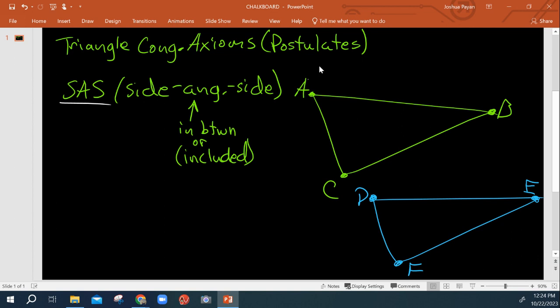Okay, so if this is true, then the two triangles are going to be congruent. So let's see what I mean by this. Let's say this longest side here, we label that 1. We label this 2, and this angle 1. Well, let's say they have that precisely in common, right?